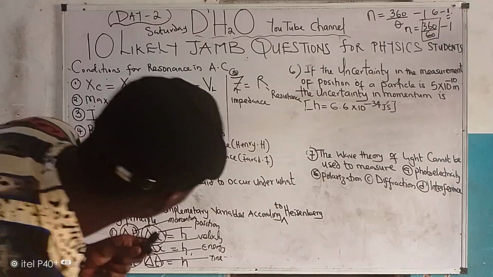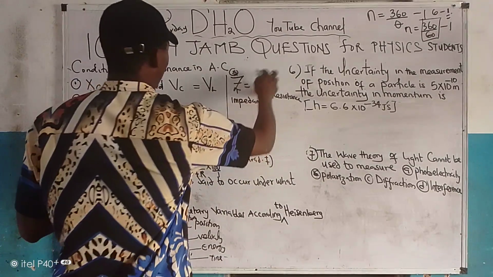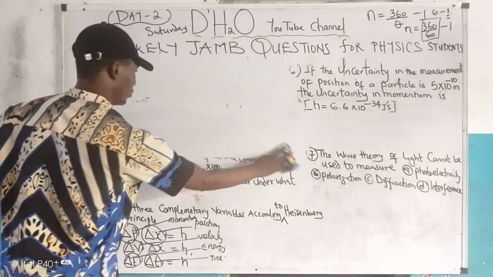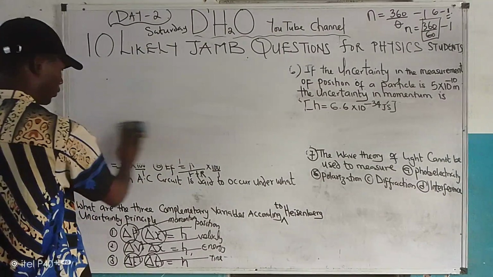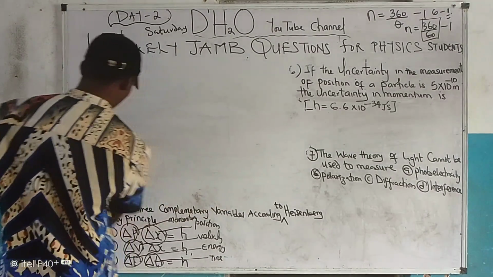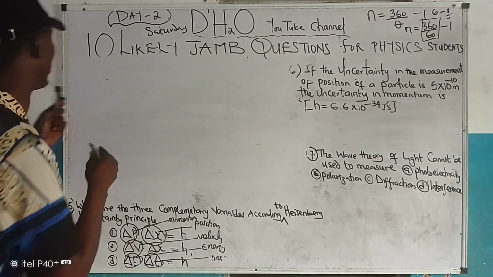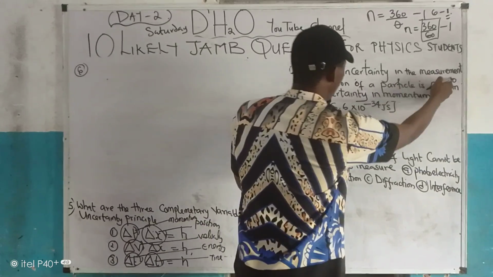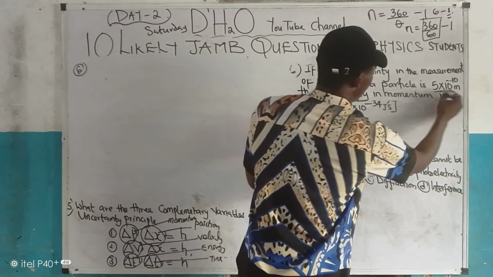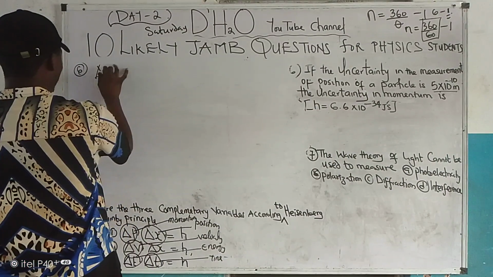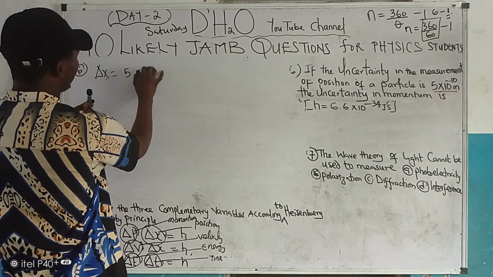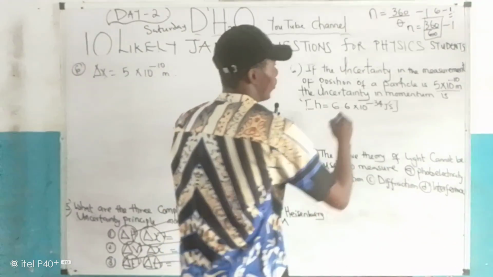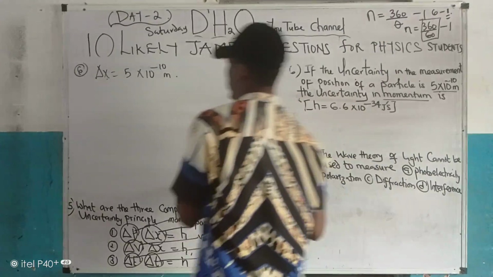Let us use this formula to solve the other question. The question number 6 says that if the uncertainty in measurement of position of a particle is this, that is, change in x is 5 times 10 raised to power minus 10 meter, what is the uncertainty in momentum?